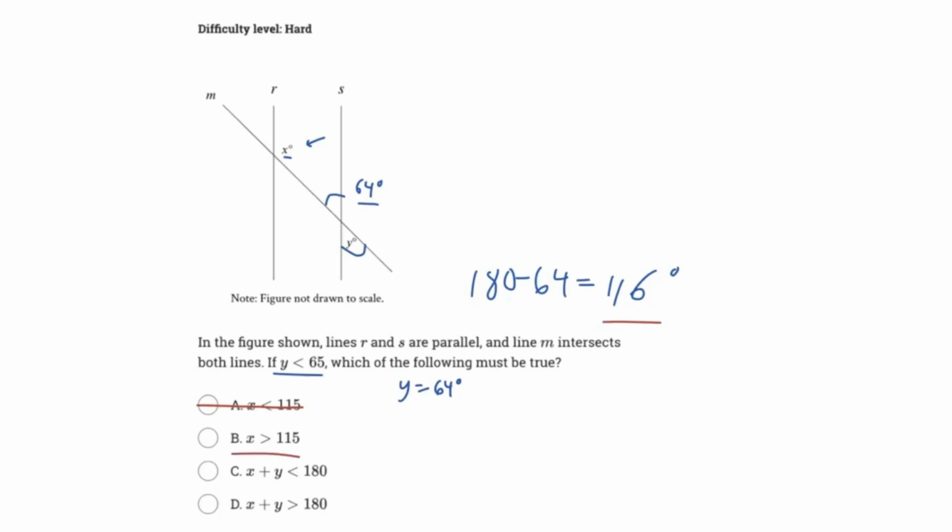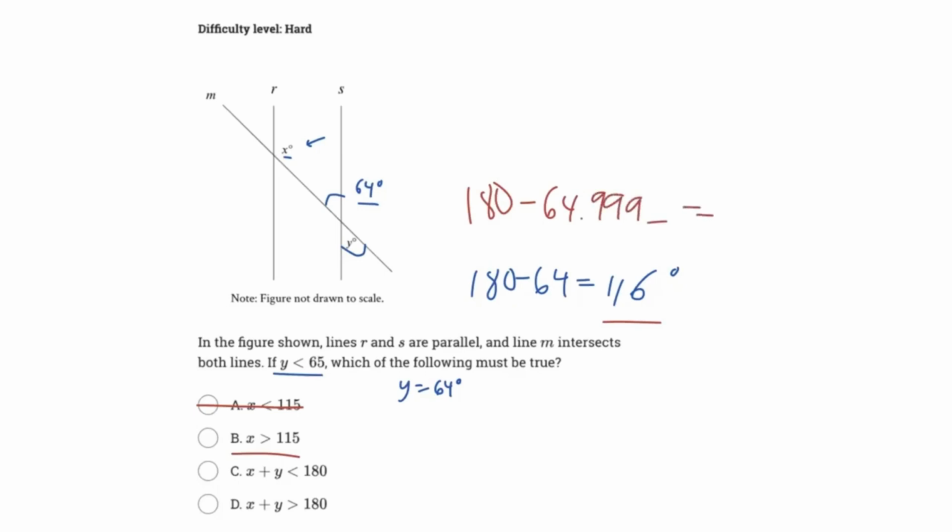But let's see if B is true. So B says X has to be greater than 115. Is that true? Well, we know that the biggest value of Y that we can have is 65, or not even 65, because it can't even be equivalent to it. It would have to be like 64.999. And therefore, if we had 180 minus 64.999, etc., right?